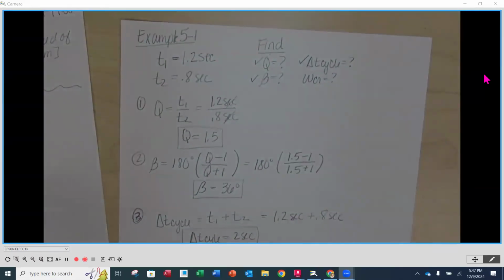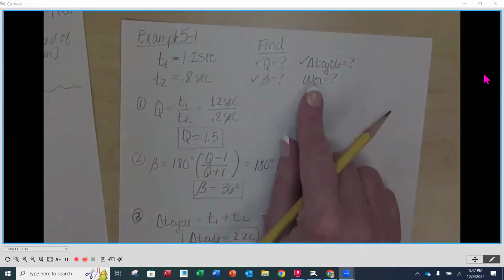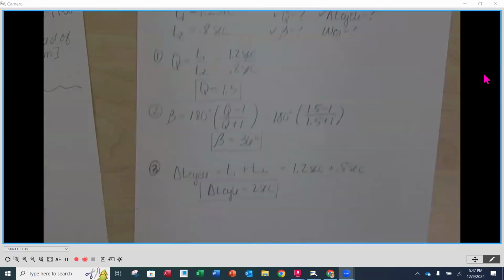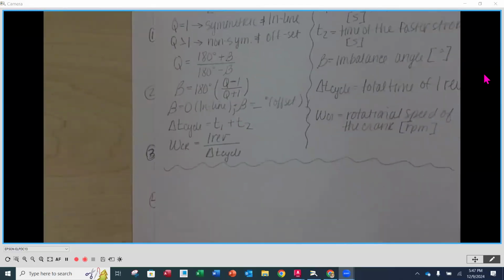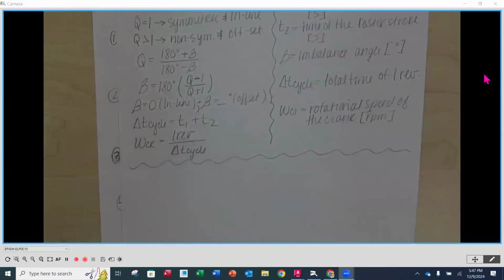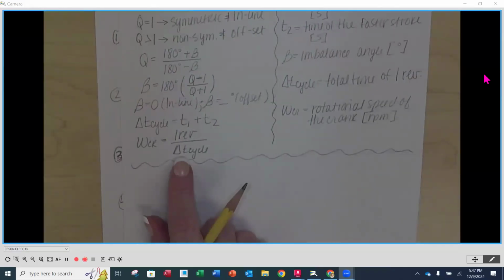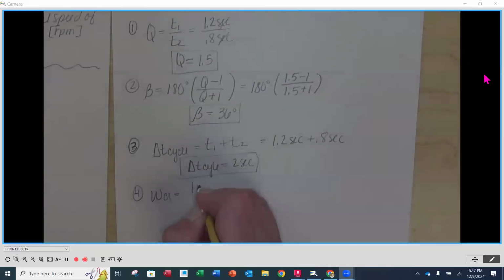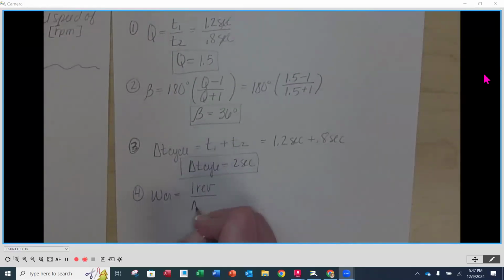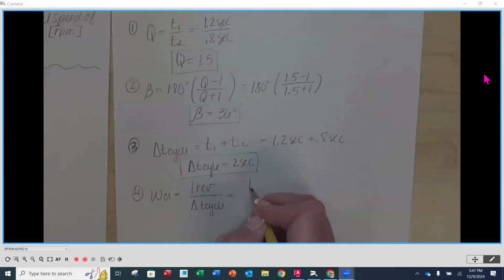And then the last one is the rotational speed of the driver. So step number 4 is W crank. Going back to our equation sheet, it's 1 revolution, which is 1 cycle, divided by the total time for that cycle, delta T cycle. So 1 revolution divided by 2 seconds.